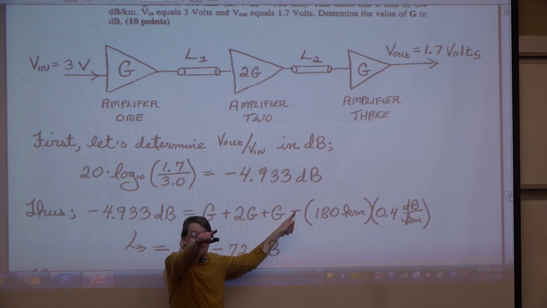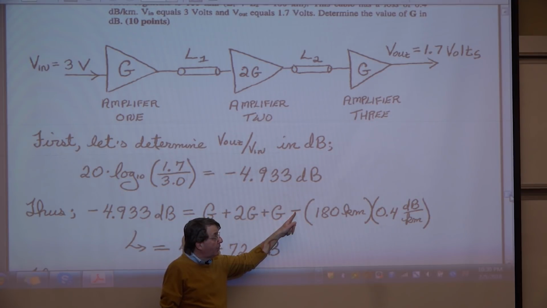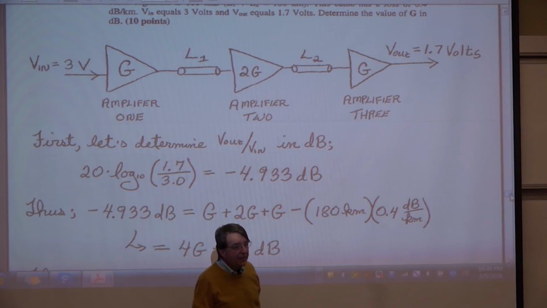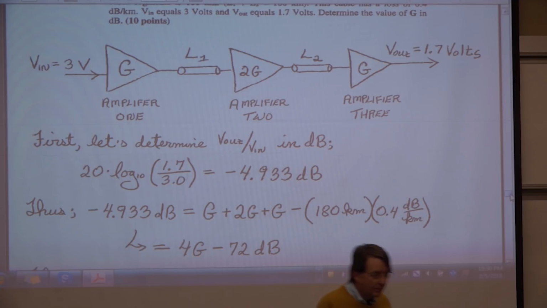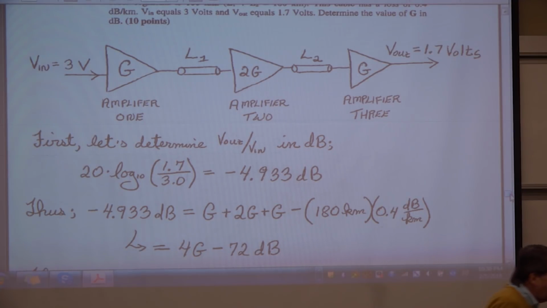How much cable do we have? 180 kilometers. What's the loss per kilometer? 0.4 dB per kilometer. We know everything except G. Solve for G, and you got it.